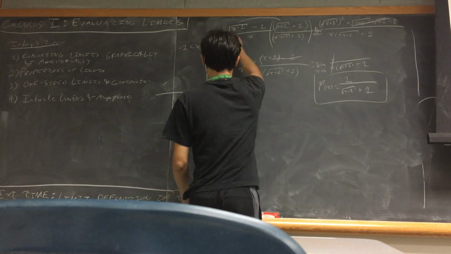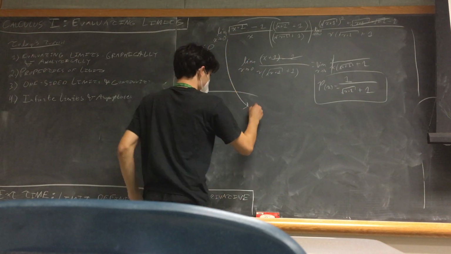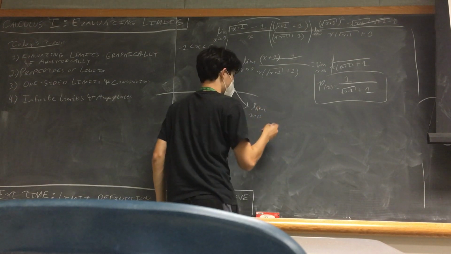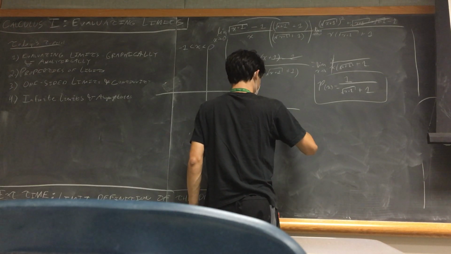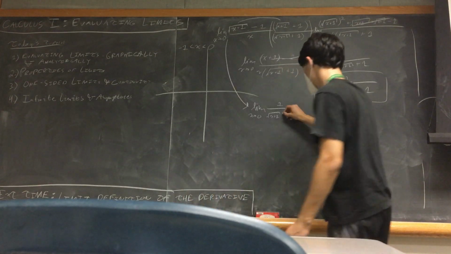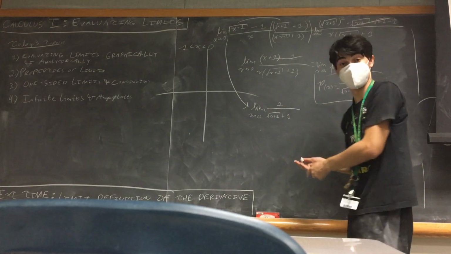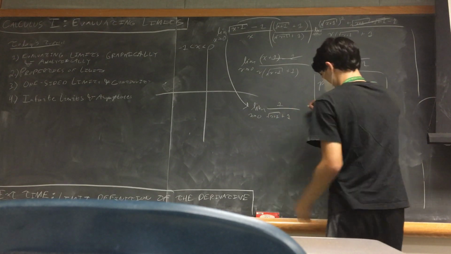So we can say that this limit, the limit as x approaches 0 of our f of x, is equal to the limit as x approaches 0 of 1 over square root of x plus 1 plus 1. Now let's try direct substitution here. See if our p of x is defined at x equals 0.